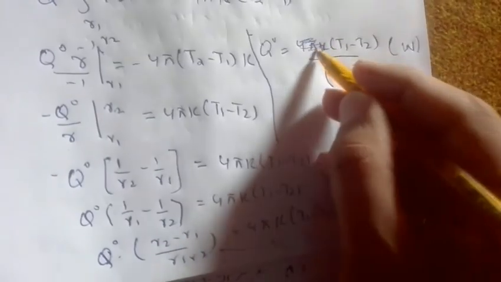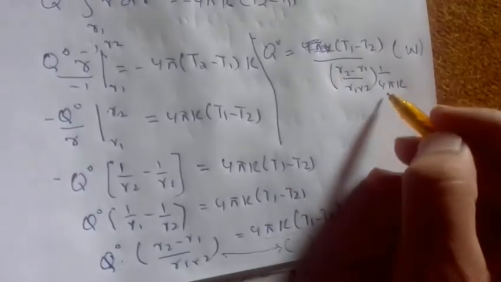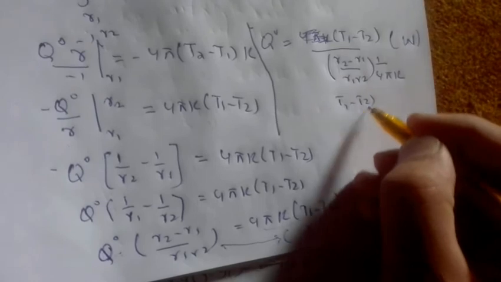So q dot is equal to (T1 minus T2) divided by (R2 minus R1) over R1 R2 times 1 over 4 pi k.